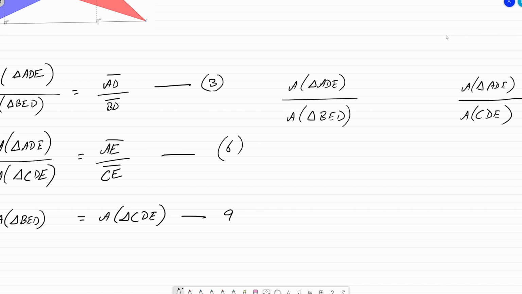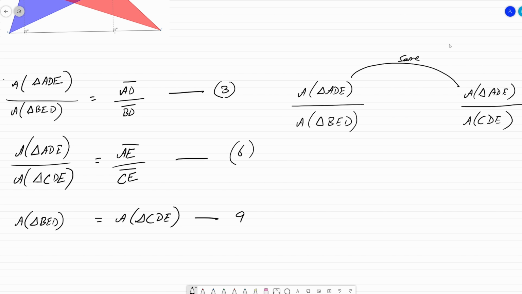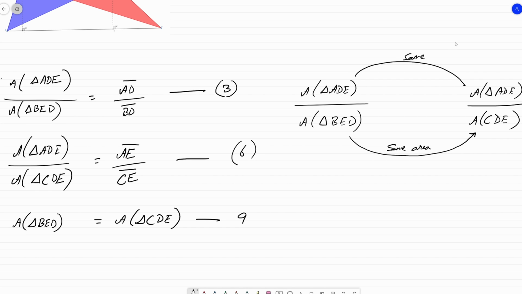Now ADE are same, and we know that triangle BED has got the same area as triangle CDE. Same area. So now that means I can easily write is equal to here, because the fraction value is not changing, it's the same.